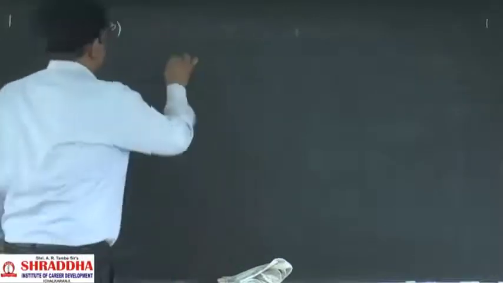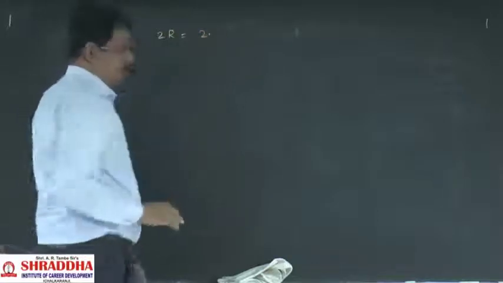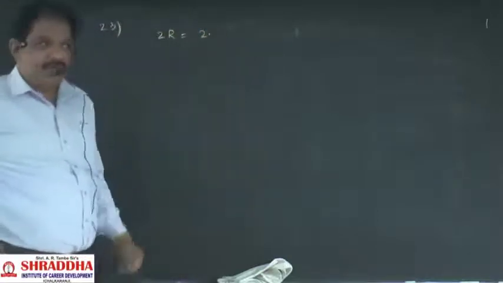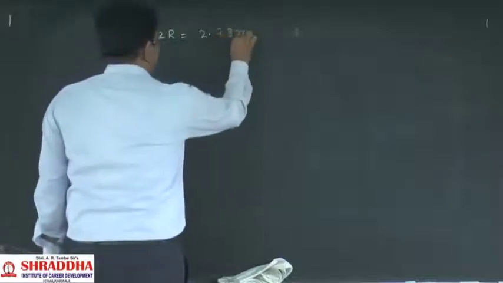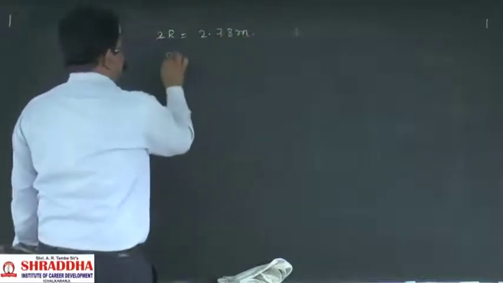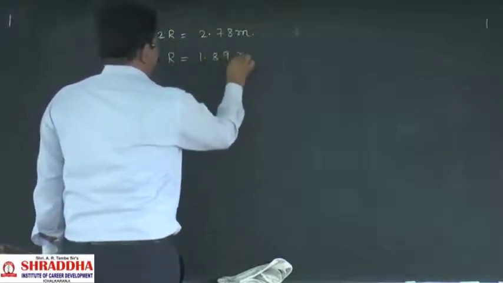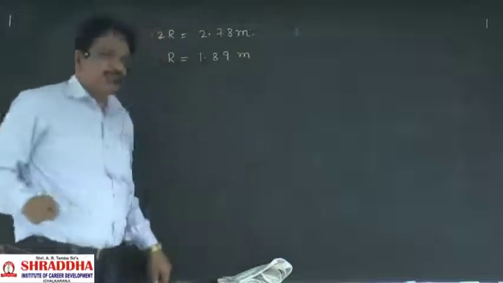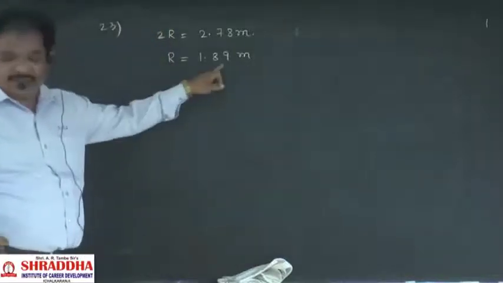Diameter is 2.78 meter. That is the diameter. From that, the radius value will be 1.89 meter. Okay. So that is the radius.